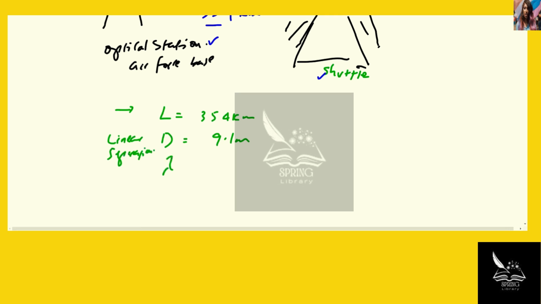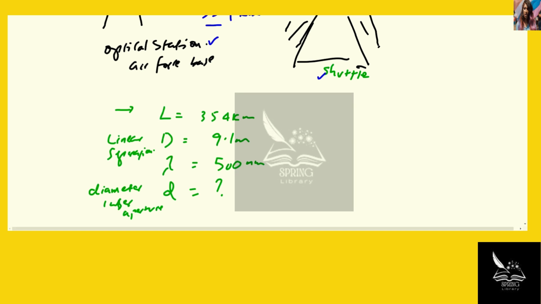The wavelength lambda is, sorry, not 9.1, but 500 nanometers. The diameter of the laser aperture is given by d, and that's what we're looking for in this problem.